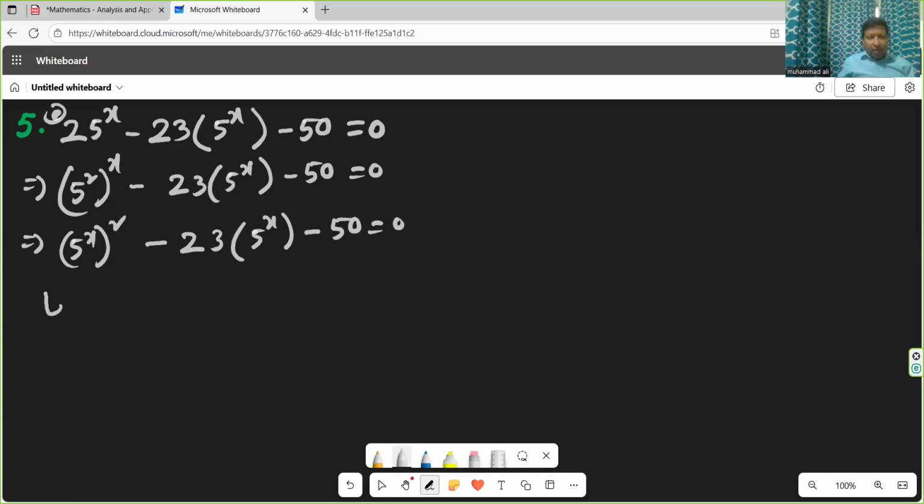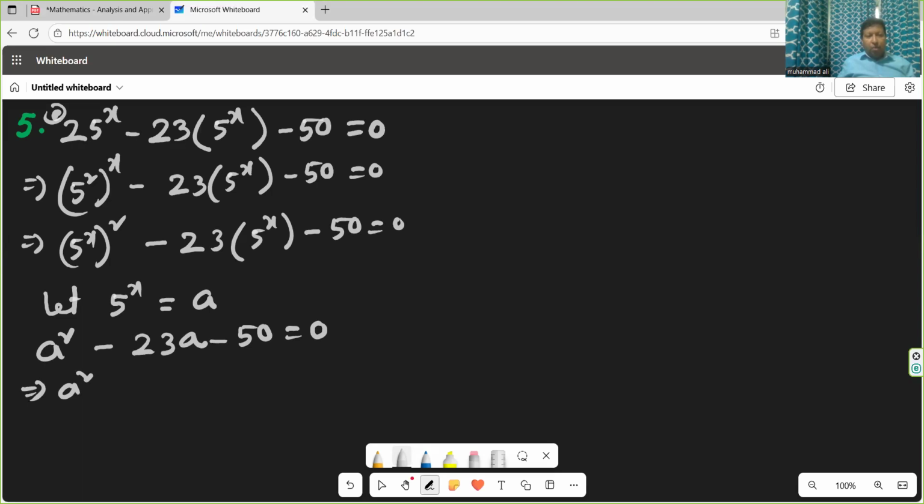Now we'll let 5 to the power x equal a, so it will be a squared minus 23a minus 50 equals 0. For that, we have to do the factorization. A squared minus 25a plus 2a minus 50 equals 0.